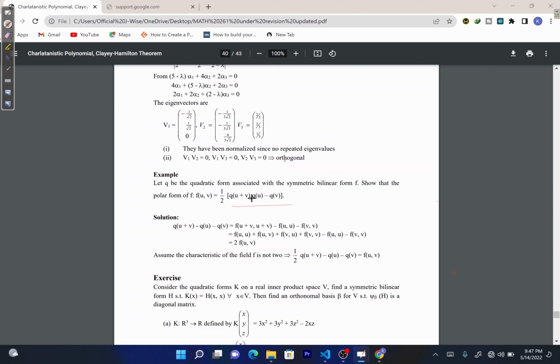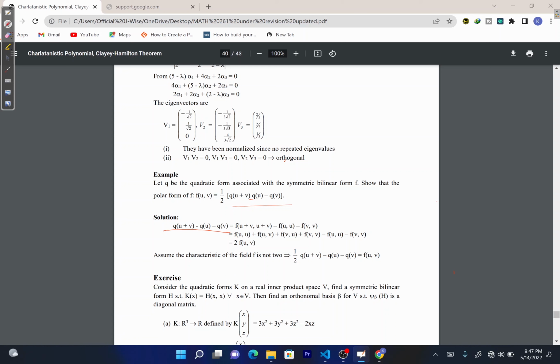So first of all, let's consider the right hand side of the equal sign. We can rewrite each term using the symmetric bilinear form. So Q of u plus v is given by f of u plus v, u plus v.